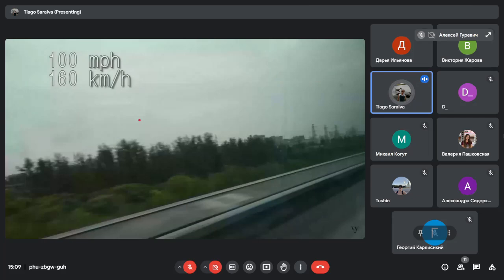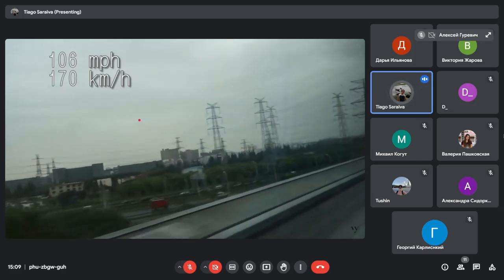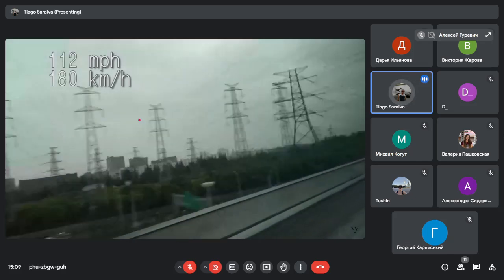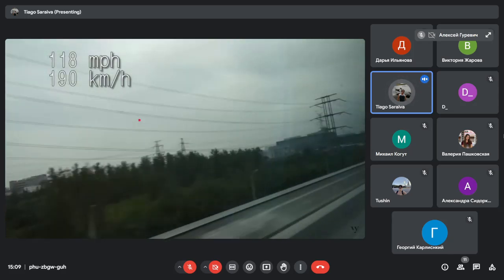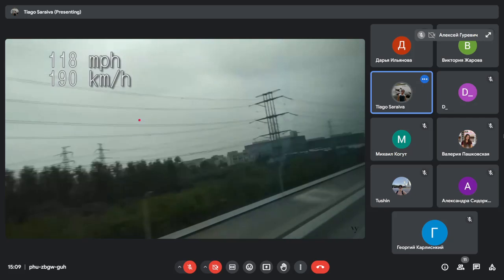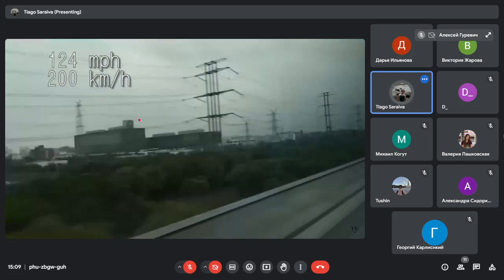After 100 kilometers per hour, it starts flying. The wheels are off, and it's just levitating, and then it's getting pushed by the electromagnets, which produce the push forward.